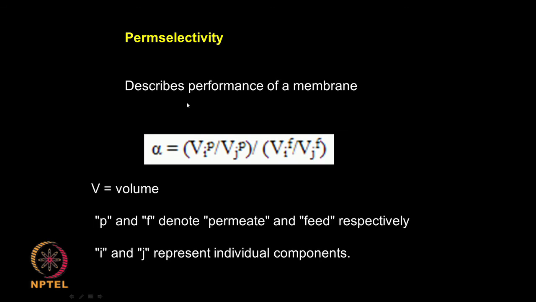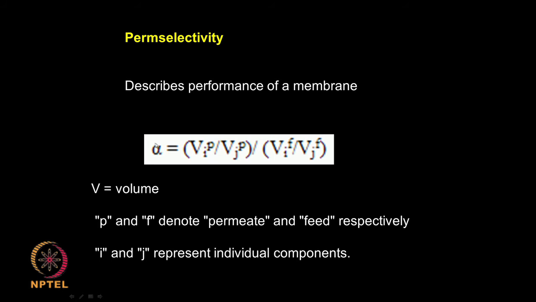What is permselectivity? That means selectivity for one particular species, if we have I, J, K, L and so on, the selectivity will be equal to the ratio of Yi P by Yj P over Xi F by Xj F, okay, where P denotes permeate and F denotes feed. So, this P is permeate and F is your feed, okay.